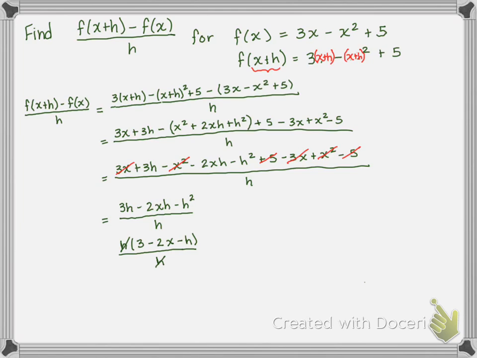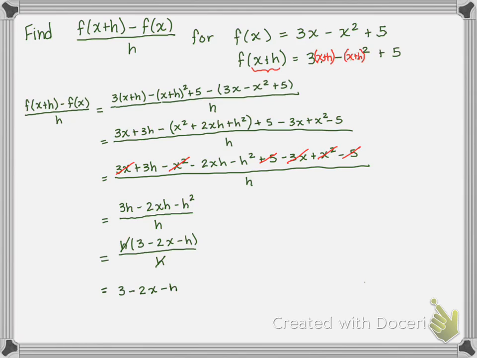And now I can cancel that because the entire numerator is h times something else. So we end up with 3 minus 2x minus h.